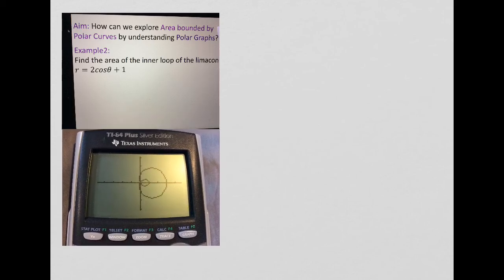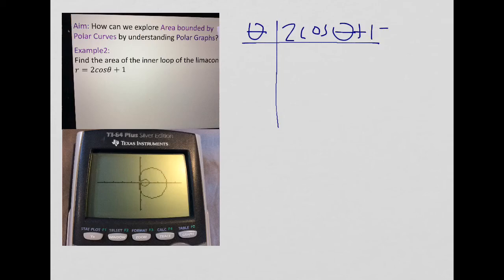So what I would do is actually try to figure out what's going on around pi, or pi over 2, to see a little bit more of what the answers would be. So let's do that. When theta is pi over 2, cosine of pi over 2 is going to be 0.